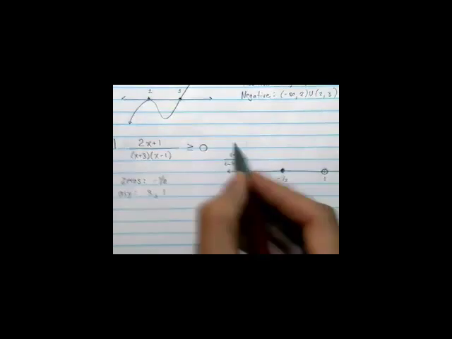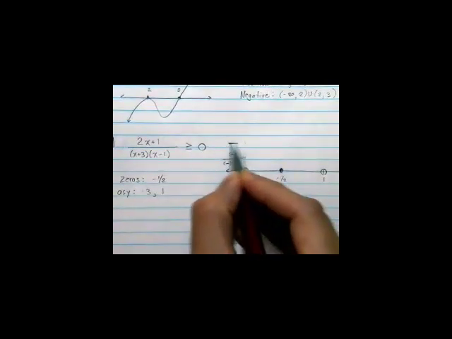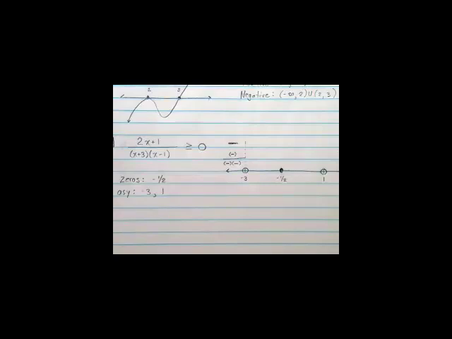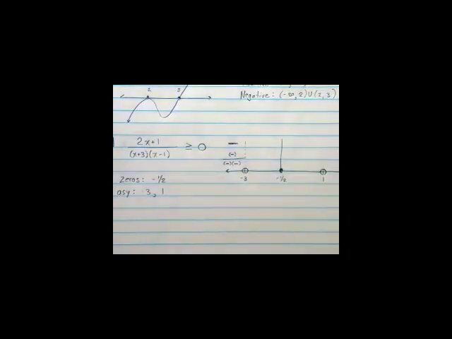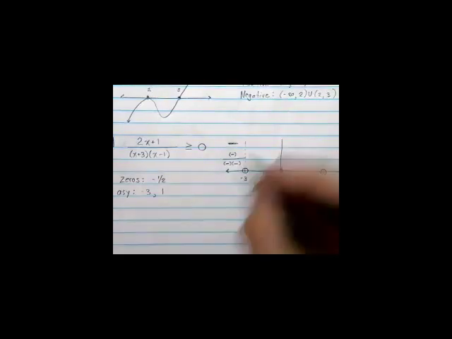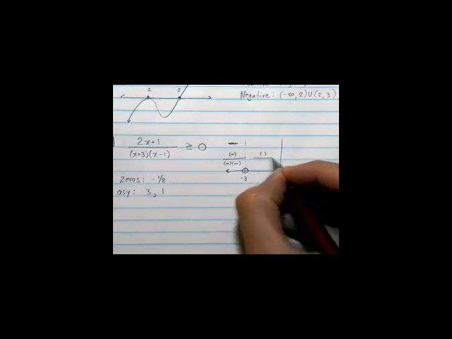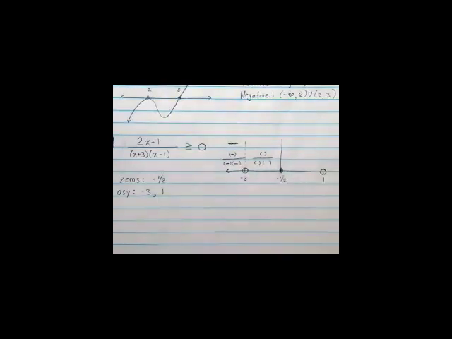Okay. So now, between -3 and -1/2, maybe like -1 or something would be the easiest, I think. You can do that same thing. So a number divided by a number times a number. Okay, so 2x plus 1. If I'm in between here, am I negative or positive on that one?